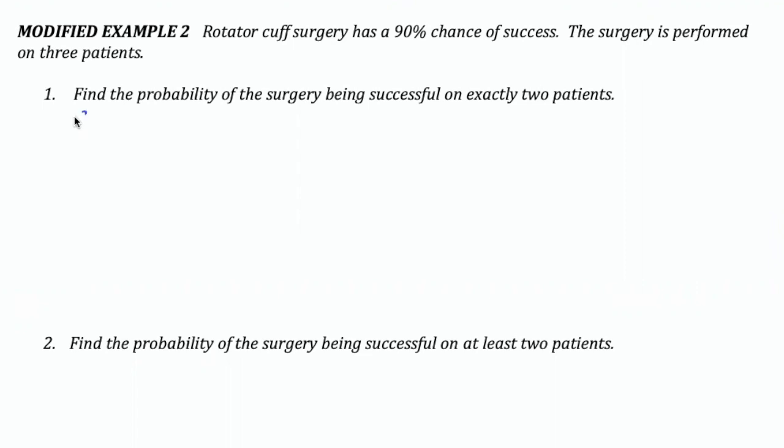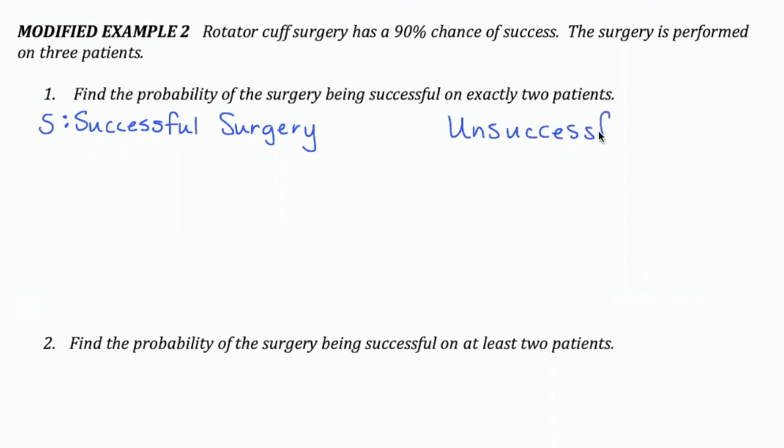So the successful surgery, I'm going to assign to the letter S as a success, and an unsuccessful surgery, meaning they were not able to fix the problem with the surgery, I'm going to assign as letter F.